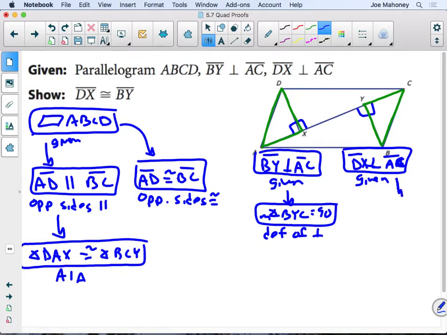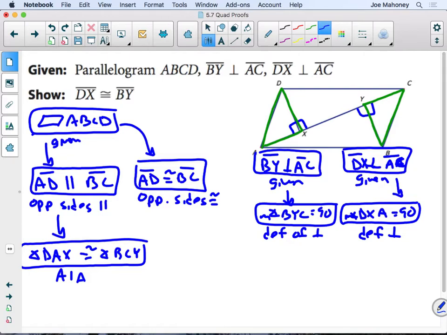We'll do the same thing over here. If we said BYC, we should probably say angle DXA is 90.